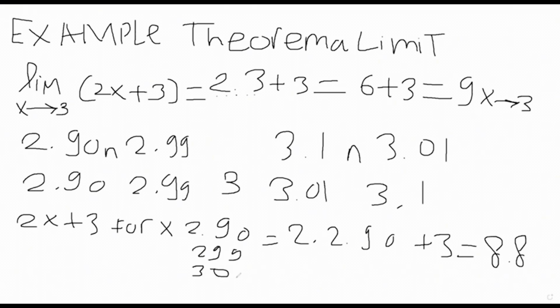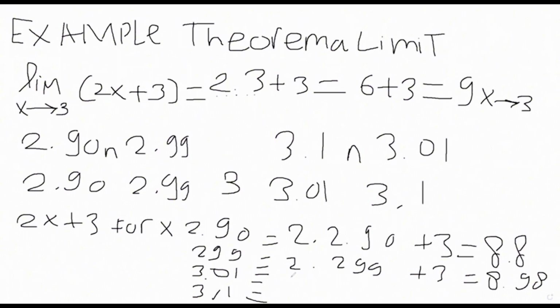So for 2.99, 2 times 2.99 plus 3 is 8.98. For 3.01, 2 times 3.01 plus 3 equals 9.02.